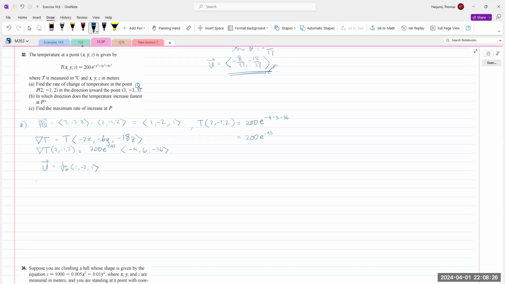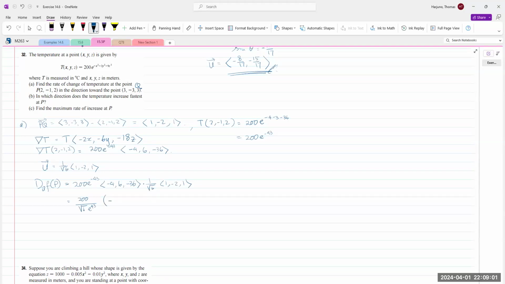So the directional derivative, the rate of change of the temperature at point P in the direction of u, will be 200 e to the negative 43 times negative 4, 6, negative 36 dot 1 over square root of 6, 1, negative 2, 1. Taking away the common factor makes it easier to compute.